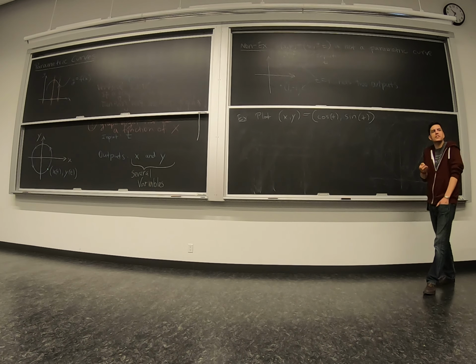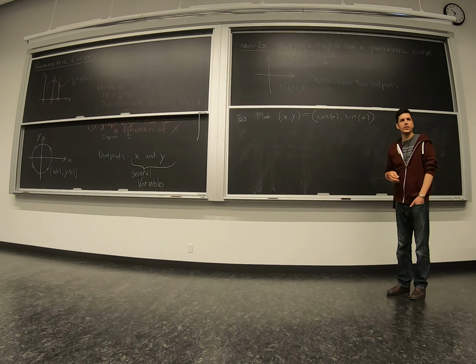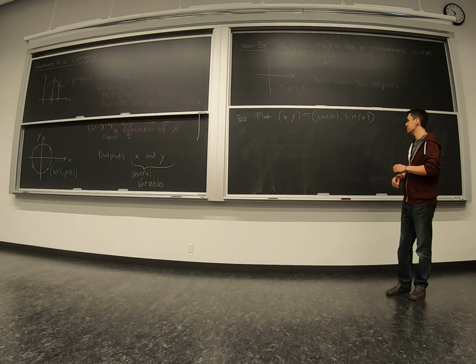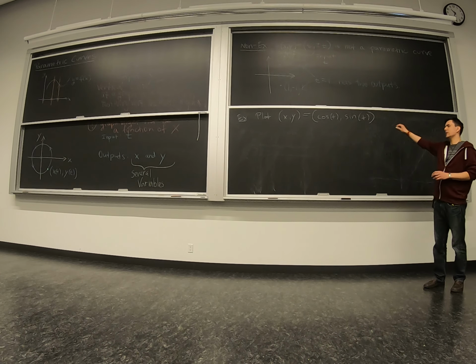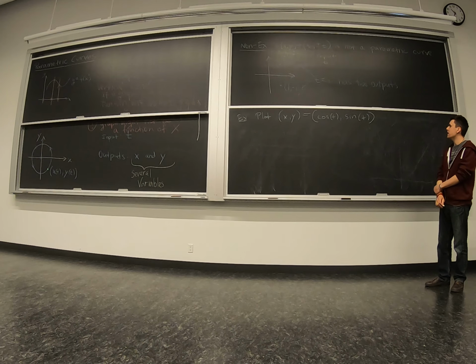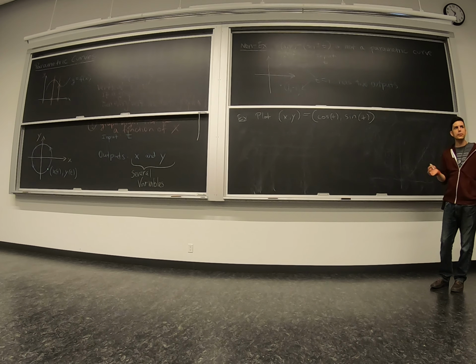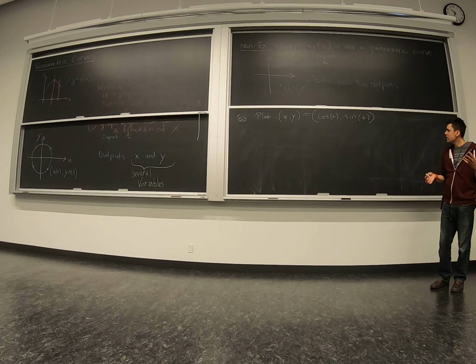Here's my favorite example of a parametric curve. 90% of the stuff that we're going to talk about we can check with this example. So how do we plot things? We make a table.